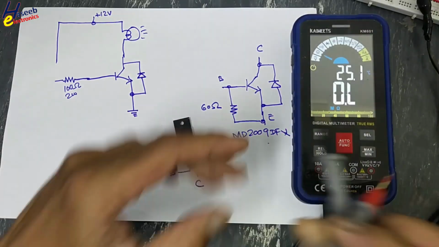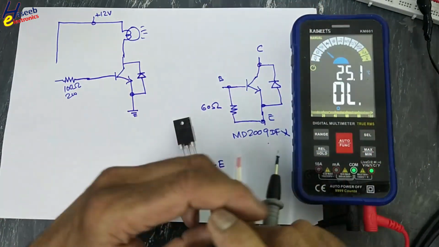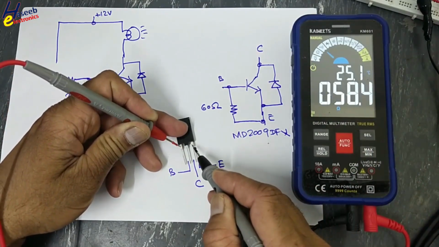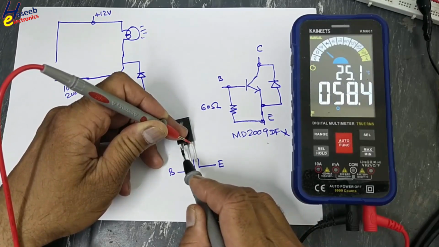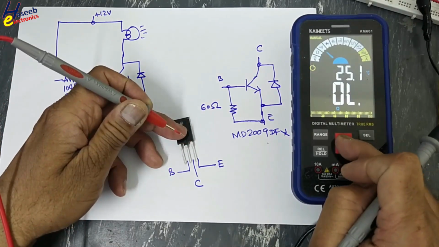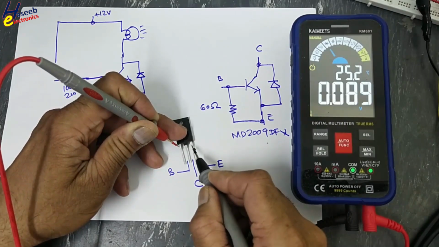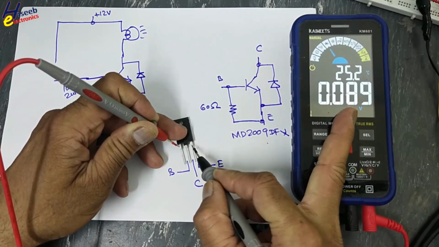Now let's test in diode mode. Let's check continuity as well. In continuity it is the same, but if I check in diode mode, it is showing 0.089 volt.